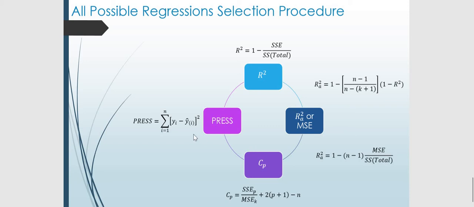From the formulation, the R squared, adjusted R squared, or the Cp criterion from the previous videos all just fit your model to the data, and then calculate these criteria from the resulting fitted model using all the data that you have.